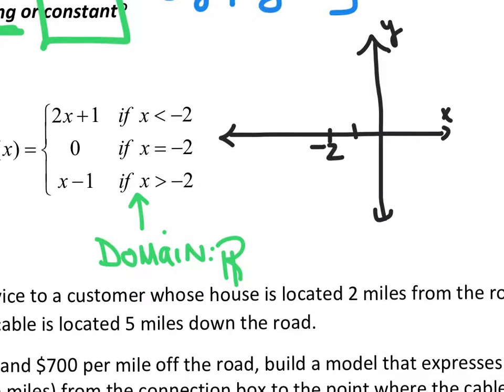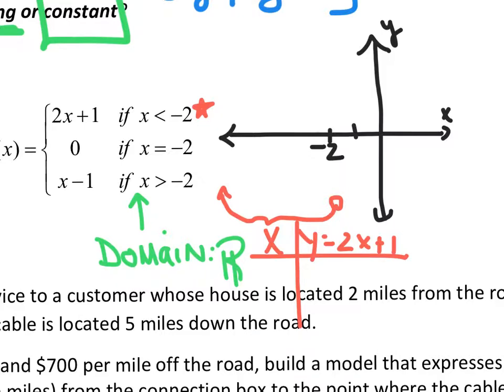And this first part of the function is telling us that when x is less than -2, that's from negative infinity all the way over to -2, but not including -2, we're going to sketch y equals 2x plus 1. So we're going to make a little t-chart. And we're going to come up with 2 points. And with those 2 points, then we're going to graph this function 2x plus 1. But we're only going to graph it at -2 and to the left.